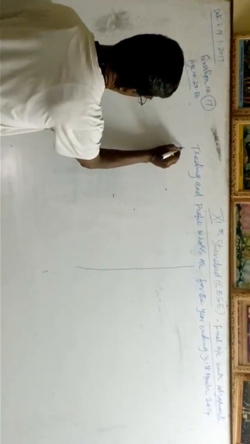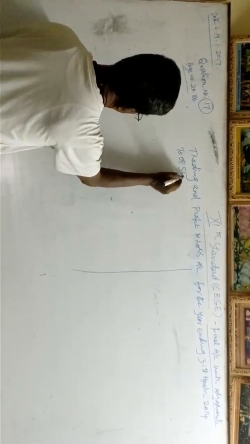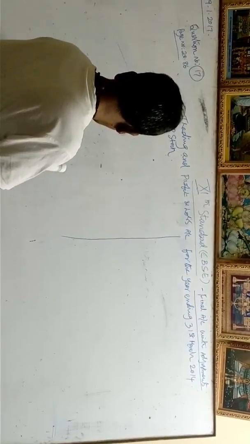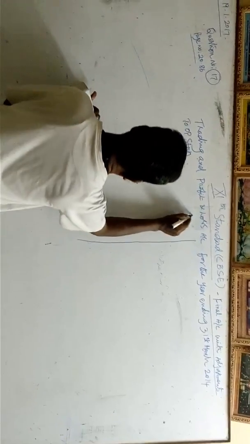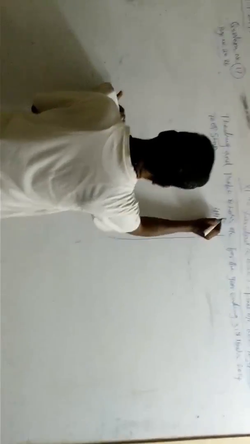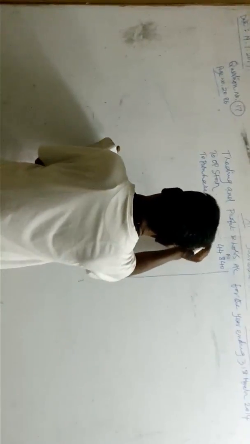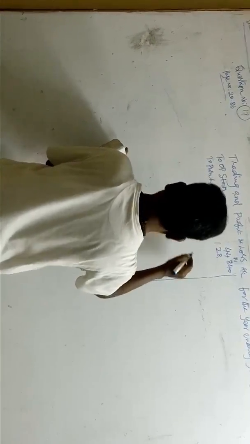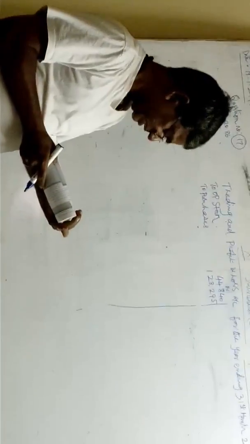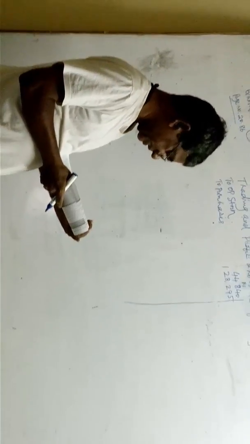Trading account starts with opening stock. Purchases. Purchase return is regular. So you have only sales minus sales return.